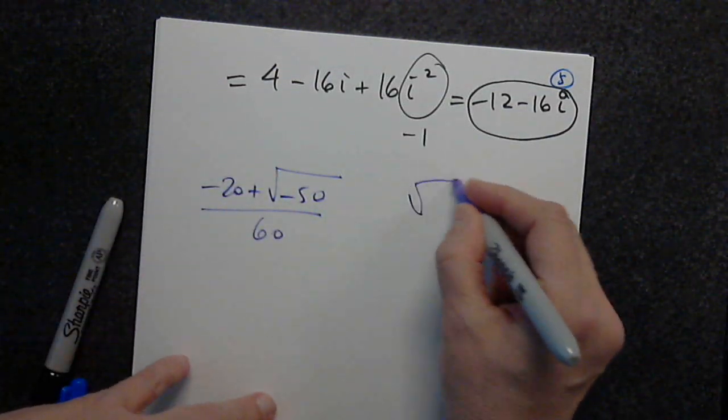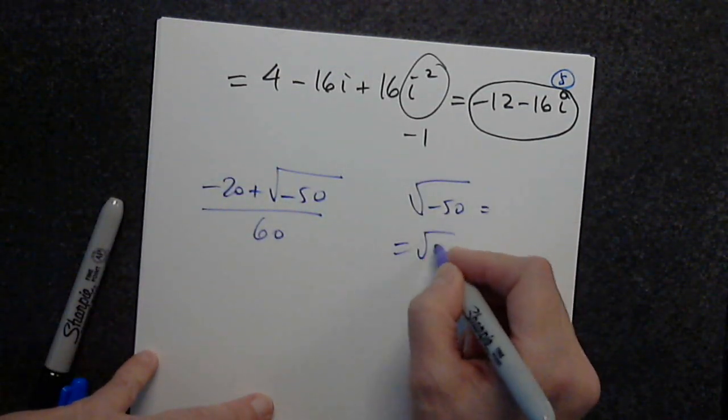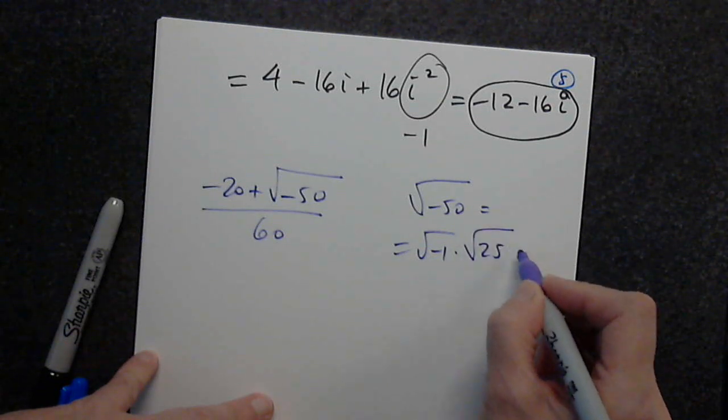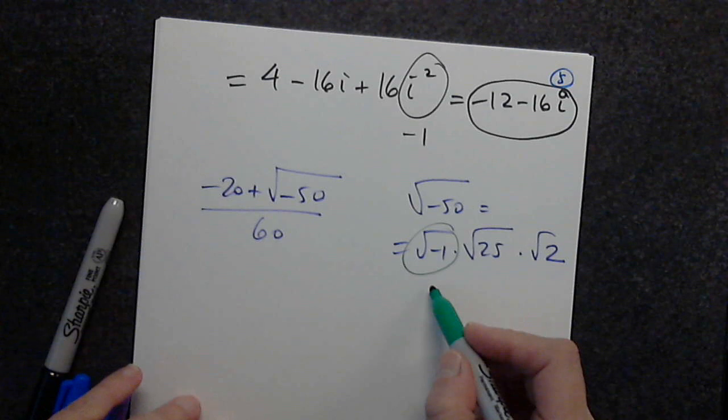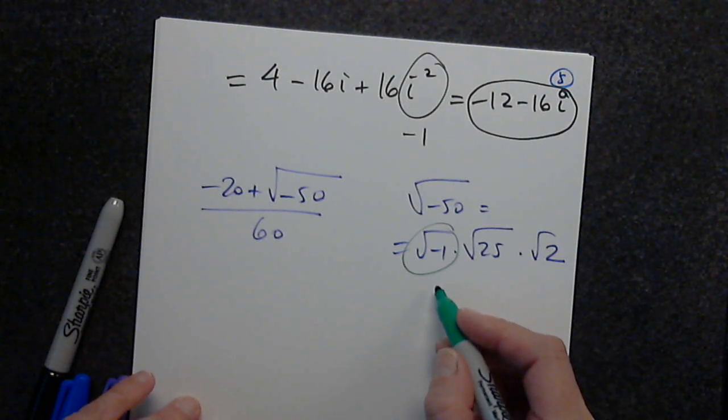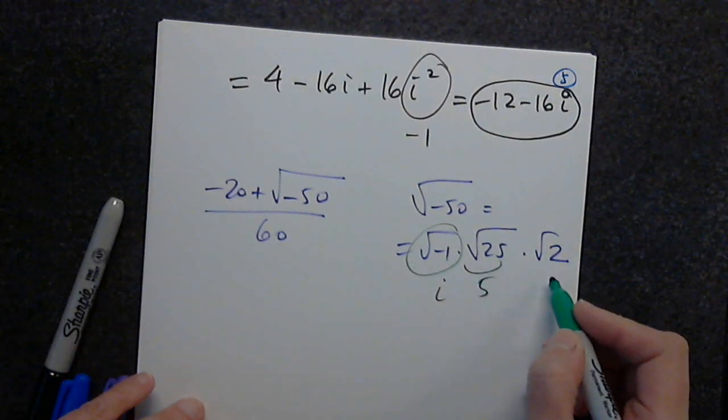So I have the square root of negative 50, which is the square root of negative 1, times the square root of 25, times the square root of 2. So 50 is 25 times 2. Why? Because 25 is a perfect square and 2 is not. So then this will be replaced by i, and this will be replaced by 5.